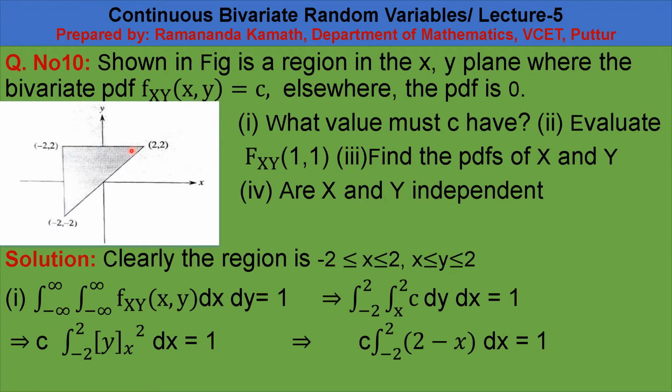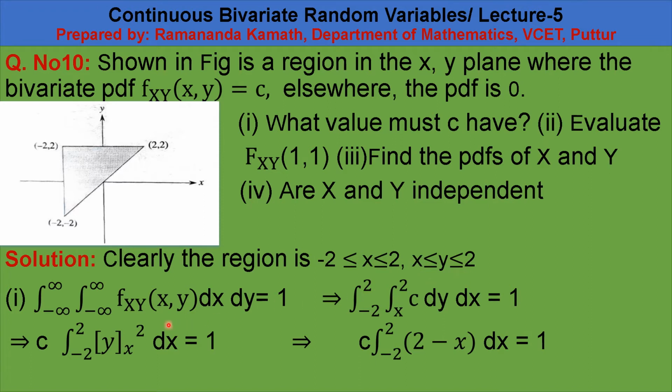Y will be x to 2. So when you take both, the common region will be x greater than or equal to -2 and less than or equal to 2, y greater than or equal to x and less than or equal to 2.